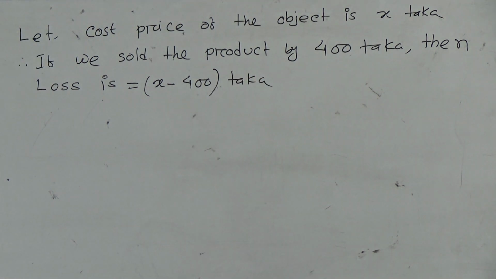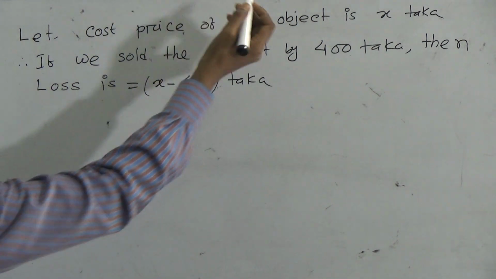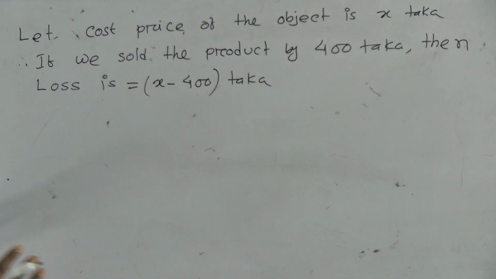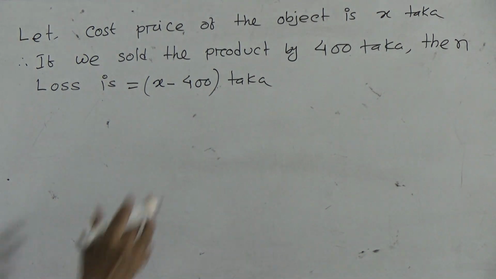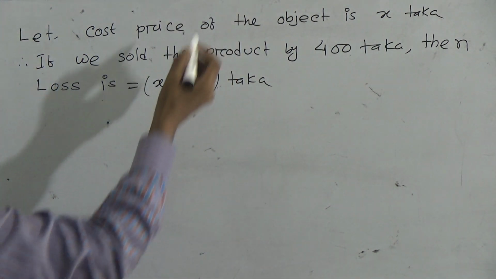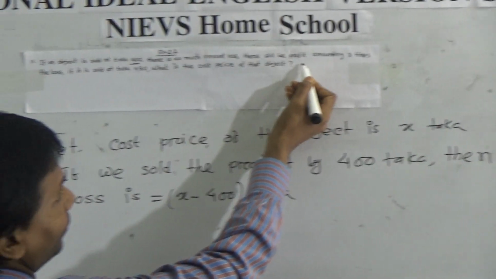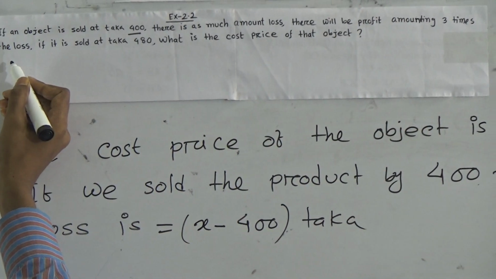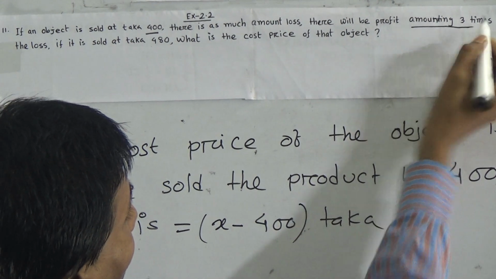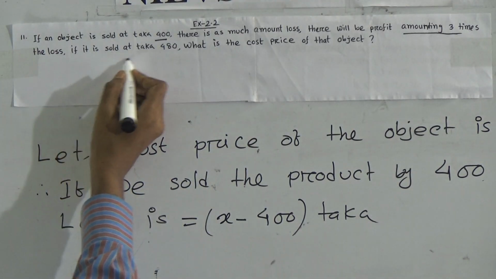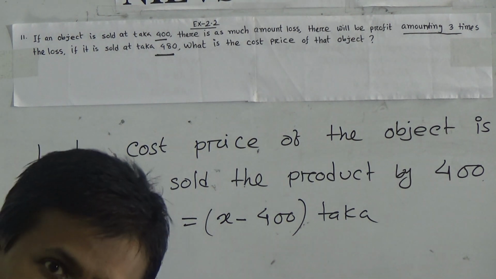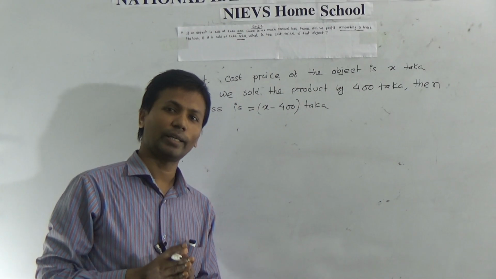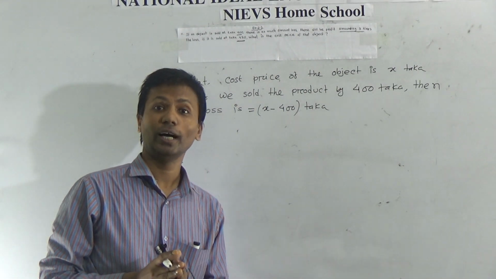Now again you read the question properly. If you sold the product for 400 taka, then some amount will be the loss. Then you see the other condition: there will be a profit amounting to 3 times the loss. If it is sold at 480 taka, that means if you sold that product for 480 taka, then some amount will be the profit.